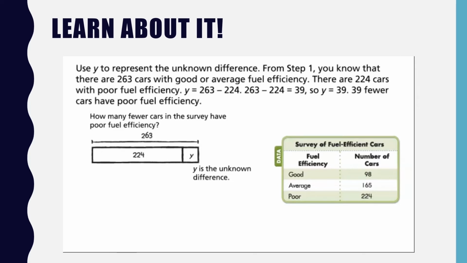There are 224 cars with poor fuel efficiency. Y equals 263 minus 224. 263 minus 224 equals 39. So Y equals 39. 39 fewer cars have poor fuel efficiency.